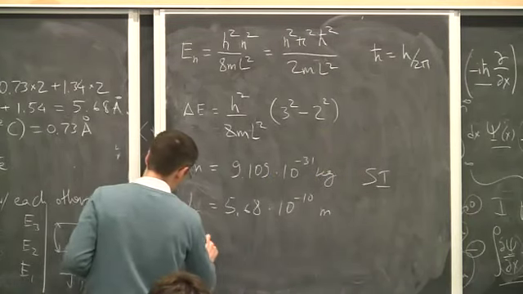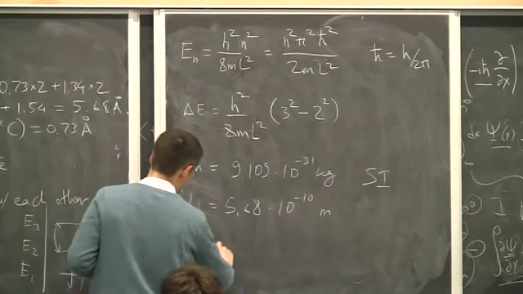And then delta E, in SI units, H constant, I'll put it right away. H is 6.6 times 10 to the minus 34 joules times second.